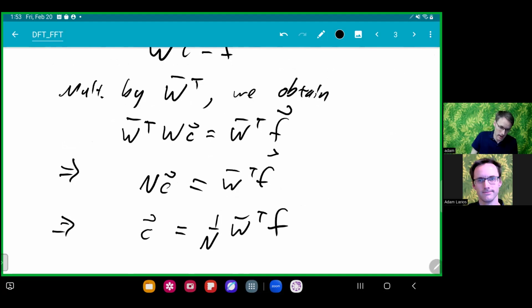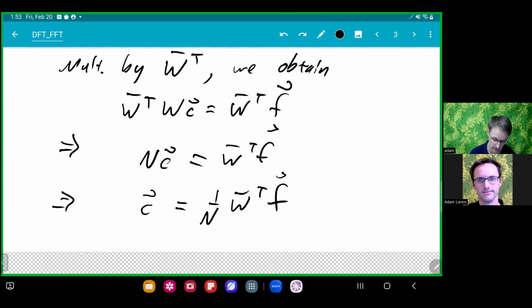So that's pretty nice. It seems like this is already a nice result in the sense that we don't need to go searching for a nasty formula for the inverse. It's just sitting right here, and we could call this problem solved. And it is solved from the perspective of forming the DFT.